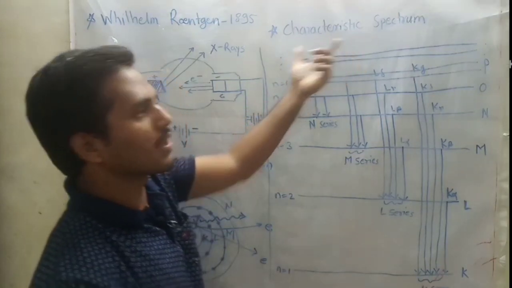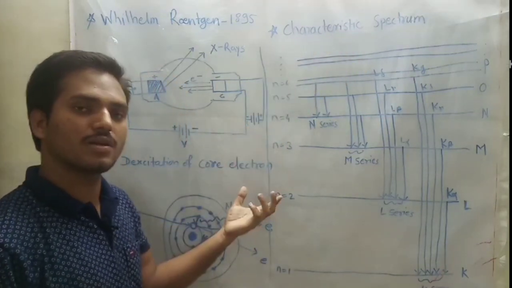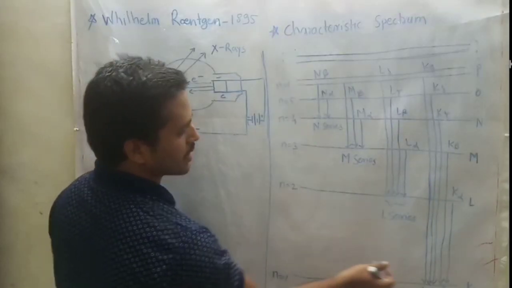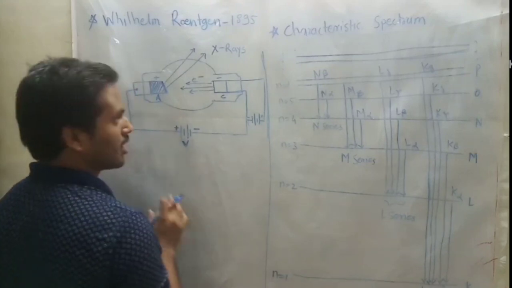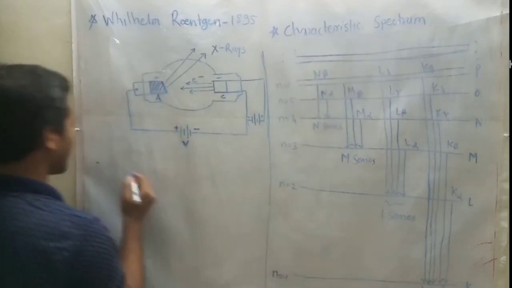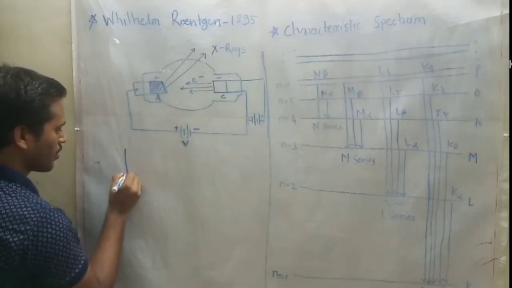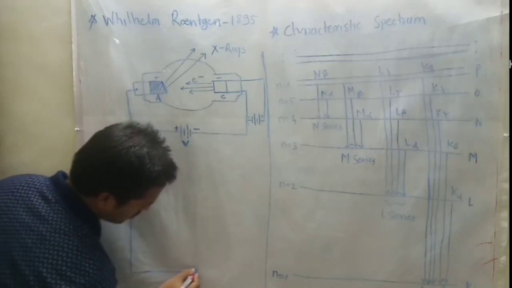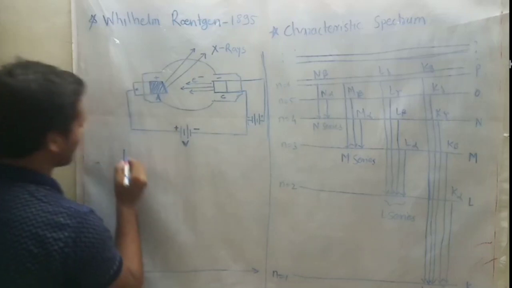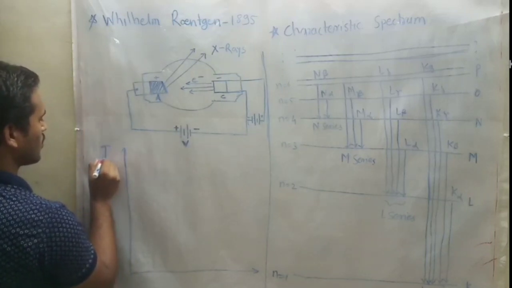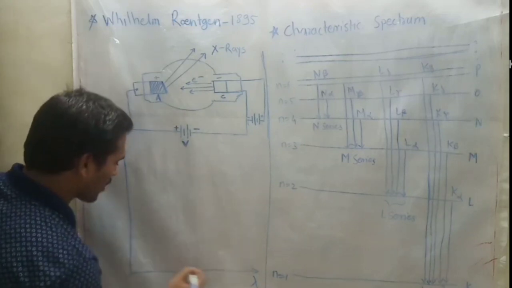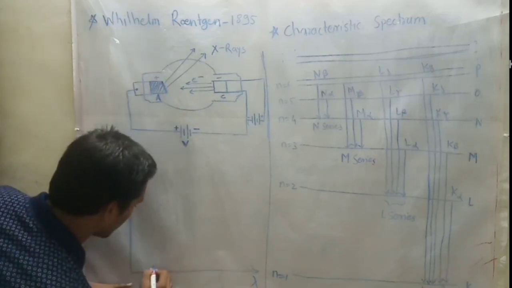The characteristic spectrum consists of different spectral lines. If we plot the intensity versus wavelength graph for this characteristic spectrum, we can observe that the curve of this graph is like that.